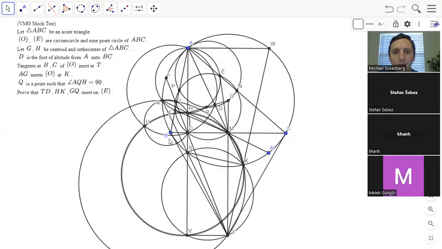UH, MK, and QI would concur. In other words, we might be able to show by the radical axis theorem that UH, MK, and QI concur. And then we'd have to show it lies on OH.